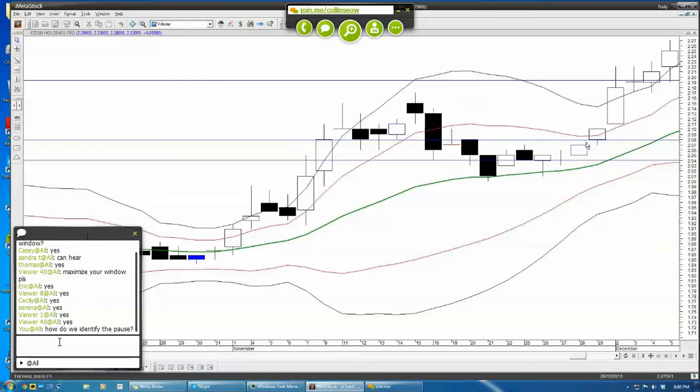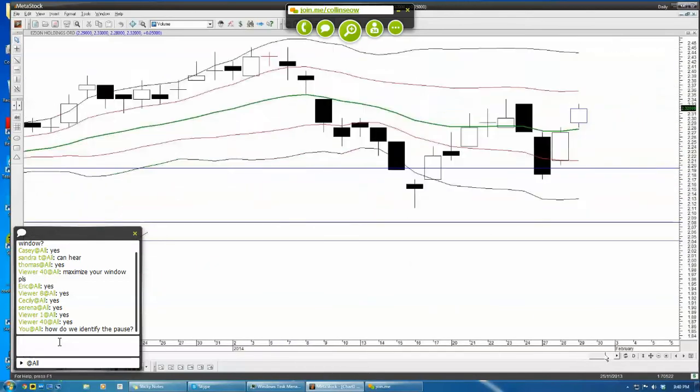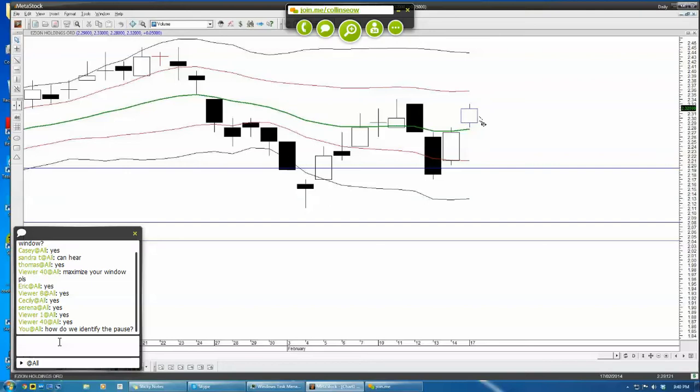So how do you identify the pause? Right now we have done the scan, and this pause is over here. It's what we call a narrow range. What do we mean by narrow range?